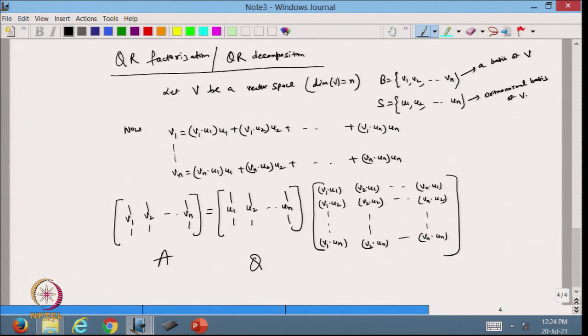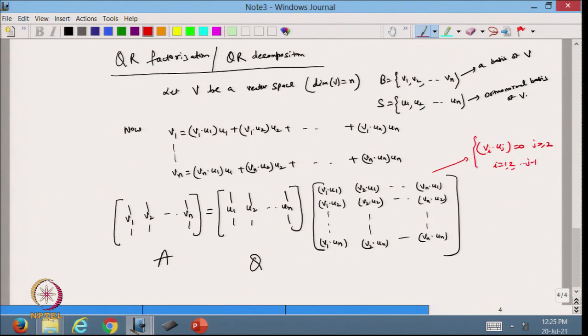If you see this matrix now, Vi dot Uj is equal to 0 for j greater than or equal to 2, where i is 1, 2, up to j minus 1.